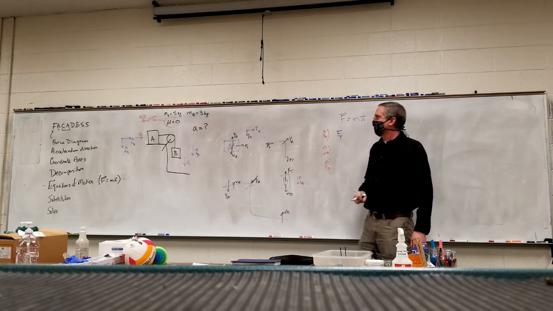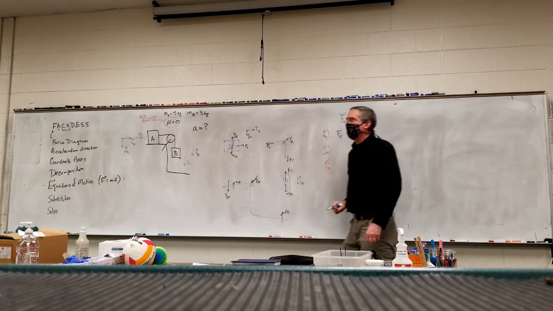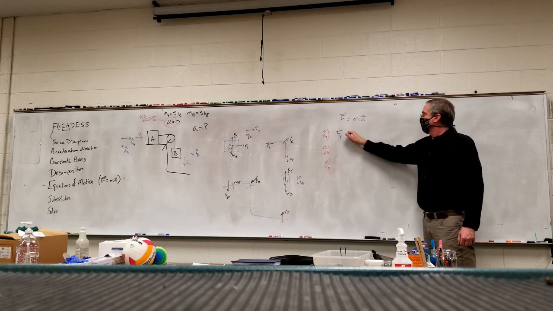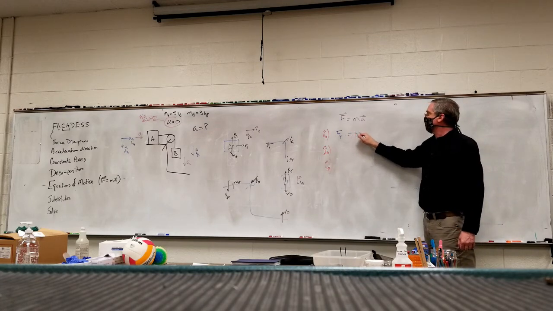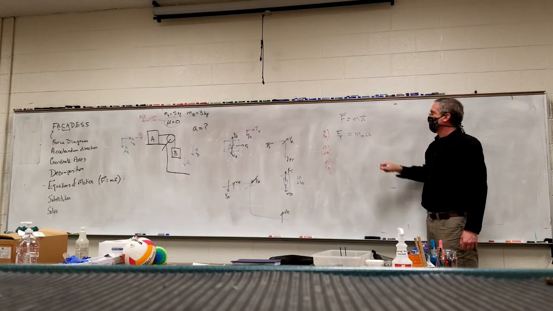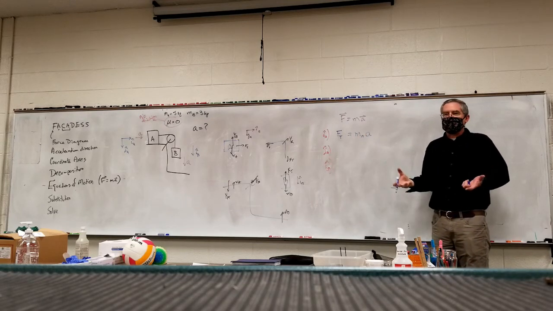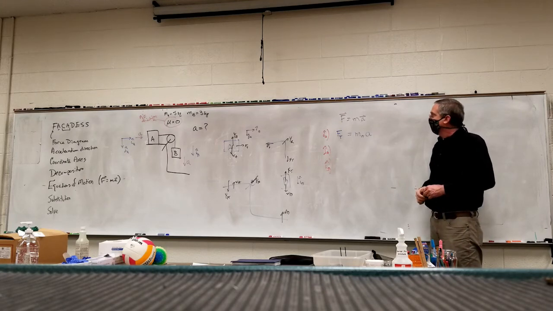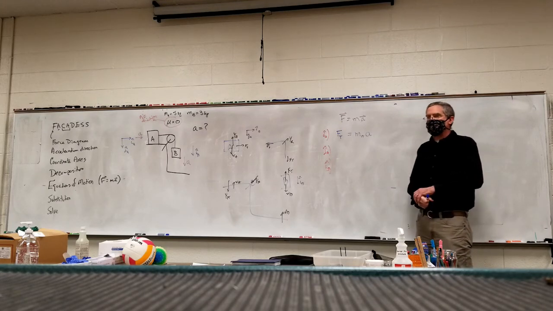Nothing. Yeah, there's nothing going that way. Oh, because those are all j-hat over here. Equals the mass of A times the acceleration. The acceleration of A, but A and B have the same acceleration, so just times a. First equation of motion, done.